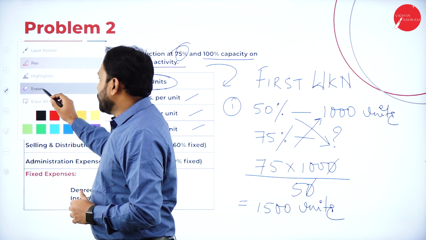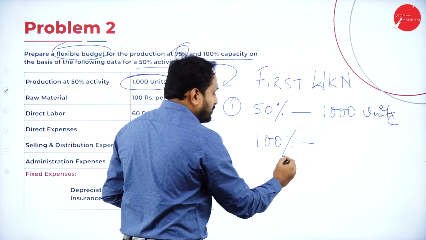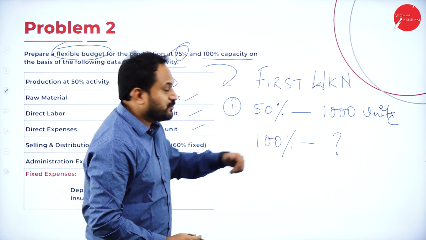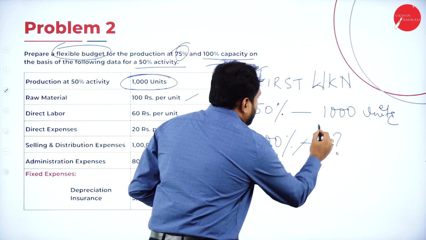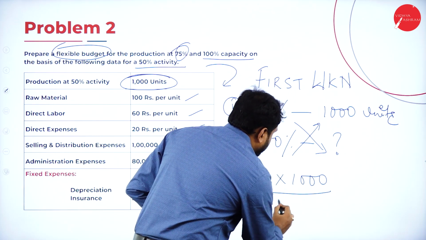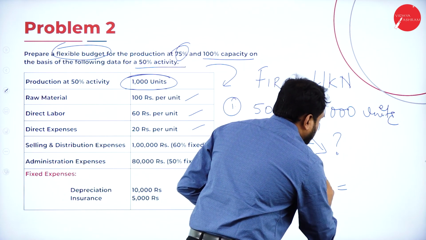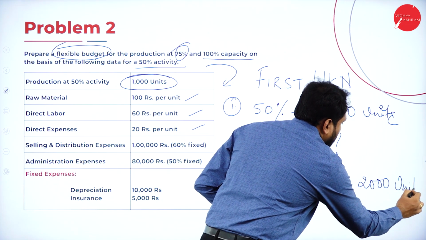Now the second working note is, if it is 50% 1,000 units, 100% how much? So you double it. That is what? The 100%. That means what? 100 into, again if you go with a cross multiply, also no issues, divided by 50. 50 ones are 50, twos are 2 into 1,000, it is 2,000 units.